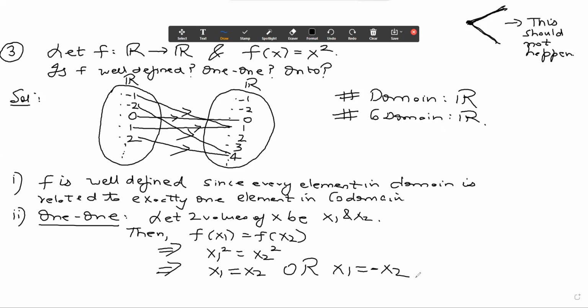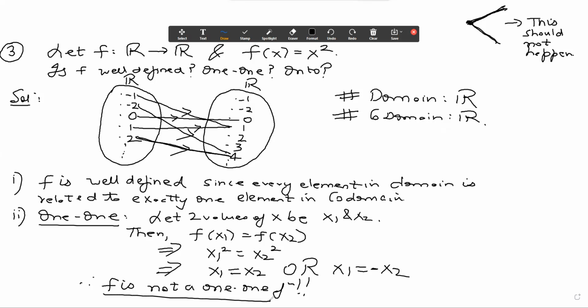You can see 2 ka square is also 4, minus 2 ka square is also 4. That means f is not a 1, 1 function.